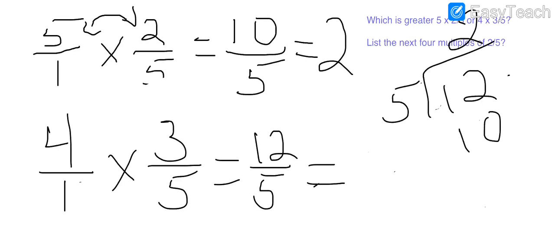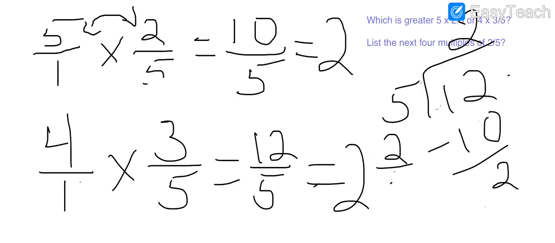And we multiply and we subtract. So what we have as our mixed number is 2 and 2 out of 5. So how many whole times can 5 divide into 12? 2 whole times. There's 2 left over, and you always keep the same denominator.